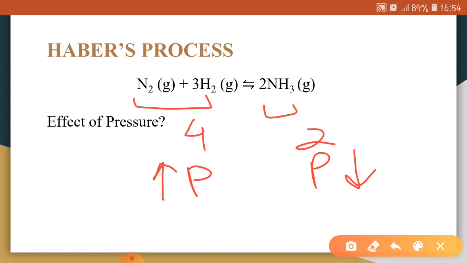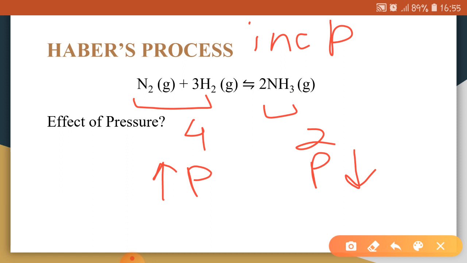Now just see what we want. We want more production of ammonia. So we would try to introduce that change in the condition which would result in the formation of more ammonia. For example, if we increase the pressure, how would the chemical system respond? The chemical system would try to oppose that change by decreasing pressure.